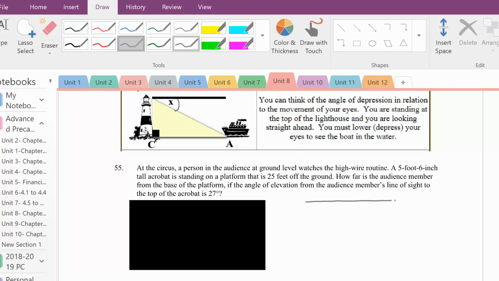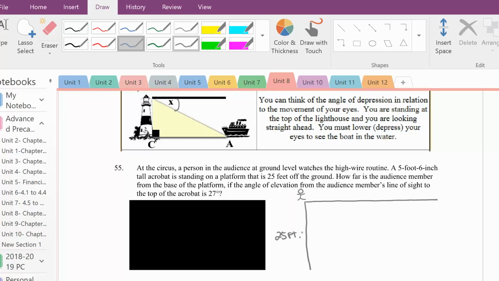So here's the wire, and the acrobat is right here. And then it's a platform that's 25 feet off the ground.